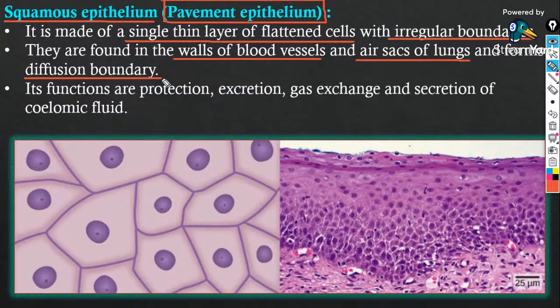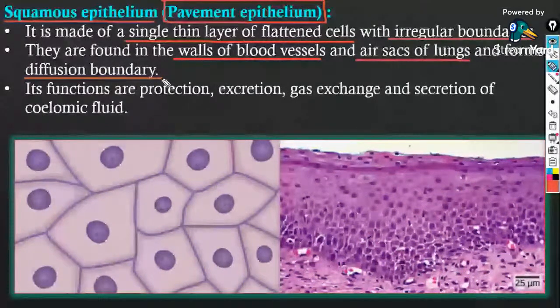From this part, the thing that is coming as a question for your exam is, they will be asking you about pseudostratified epithelium. We don't have to study pseudostratified, but we'll come across certain questions at that point of time, and I'll tell you what it is.